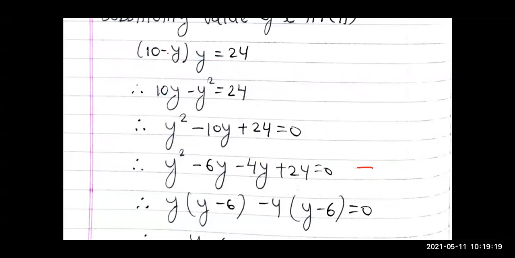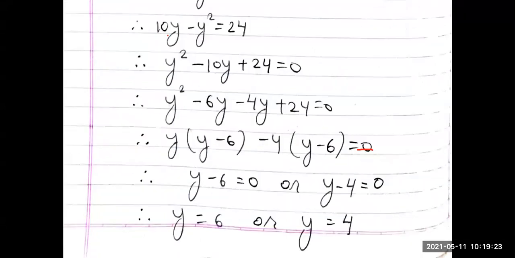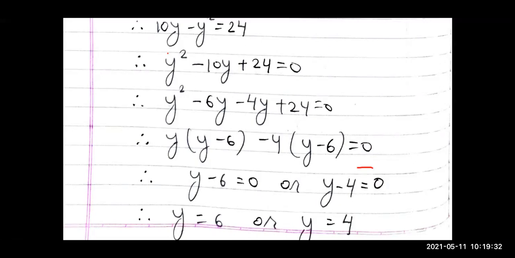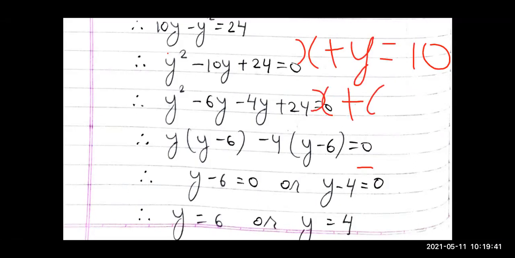Now if you solve this, you will get the value of Y as 6 or 4. So when you substitute the value of Y as 6 in your equation, that is X plus Y equals 10, then X plus 6 equals 10.